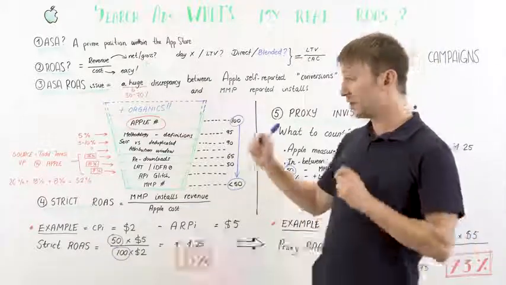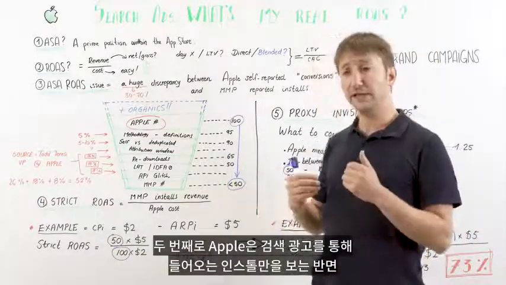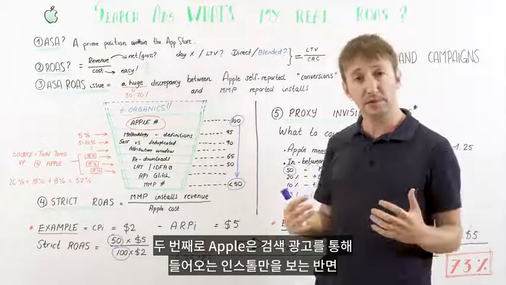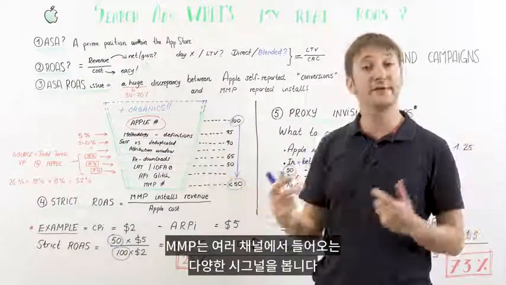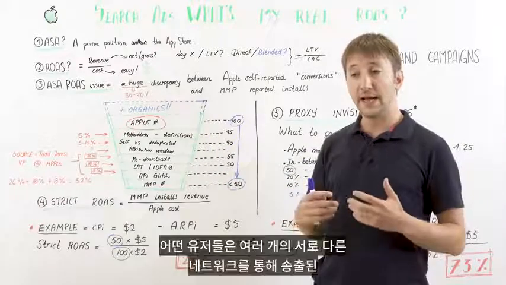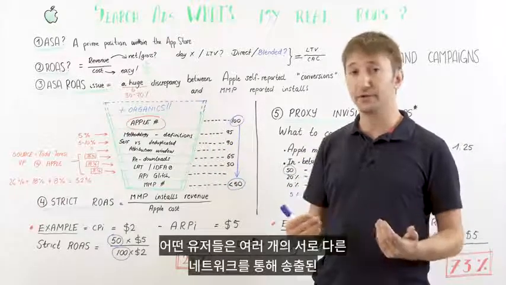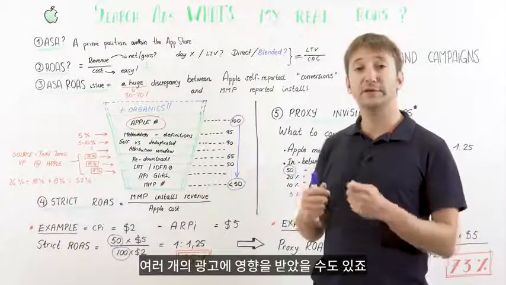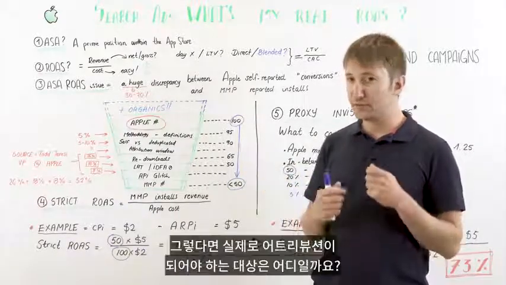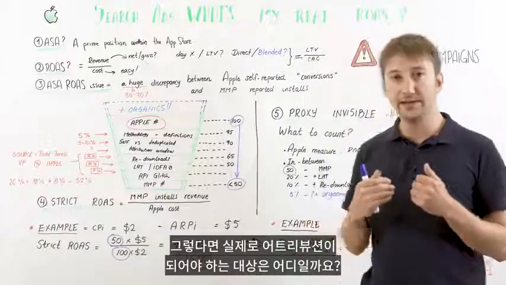So let's move on. The second one is that Apple only sees the installs you're getting from Search Ads. Your MMP is seeing a lot of different signals from a lot of channels, and it's very likely that some users are impacted by several different networks, several different ads. Which one of them is really the one that needs to be attributed?